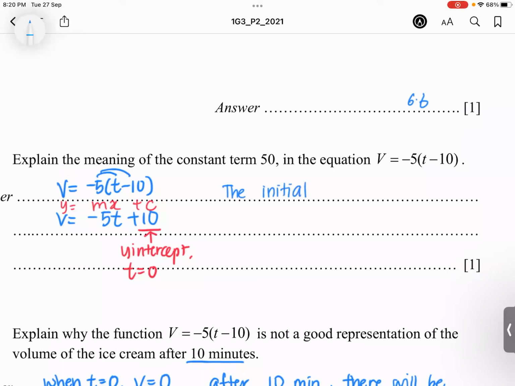When the time equals 0, this is the volume, so it's talking about the initial volume of the ice cream, which is 50 cm cubed.